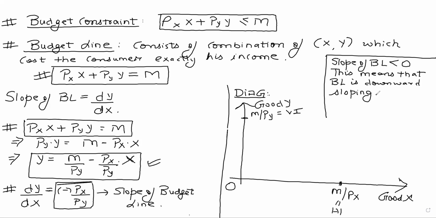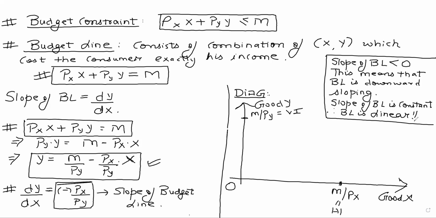Second thing we observe is that the slope of the budget line is also constant. Why? Because px and py are fixed. Perfect competition, guys. Px and py are fixed. Now since the slope of the budget line is constant, therefore the budget line is linear.